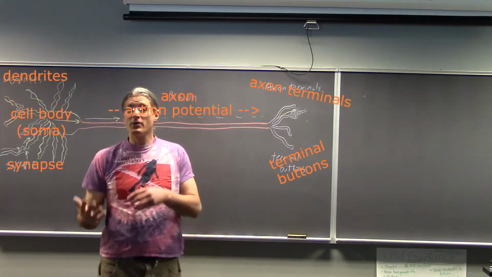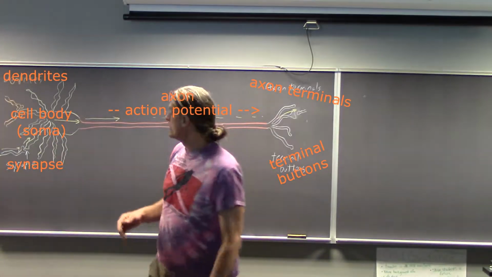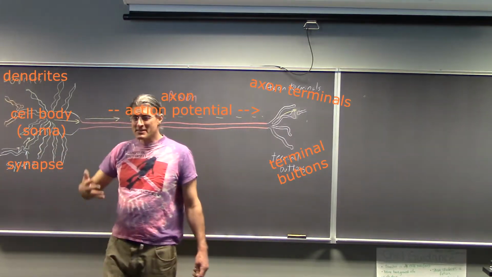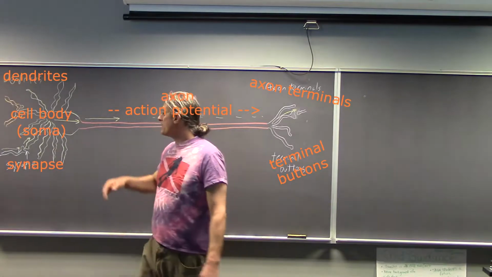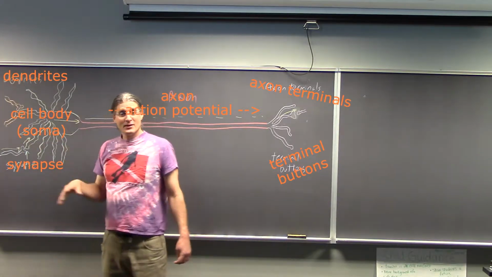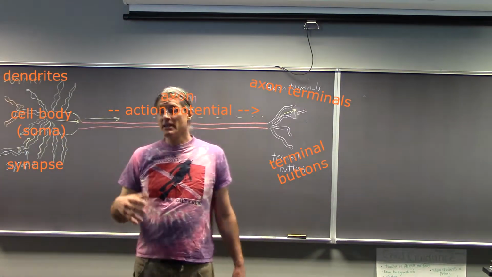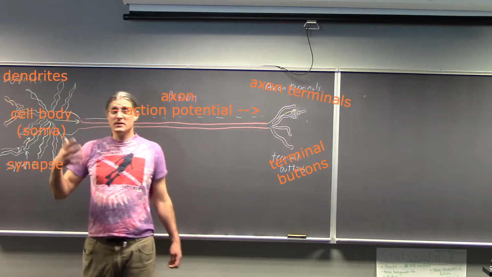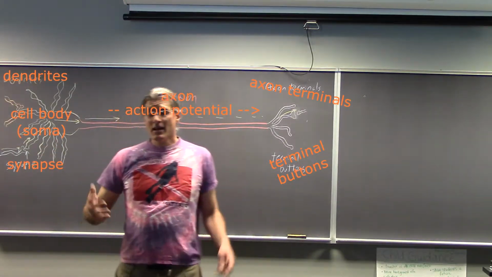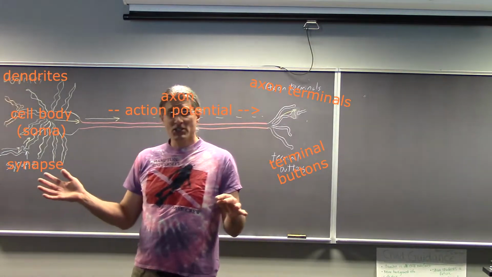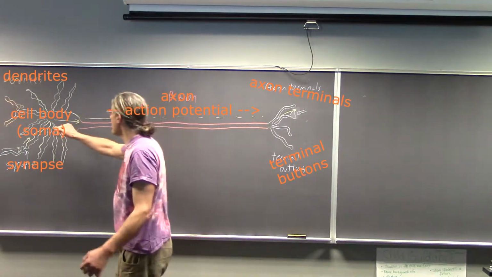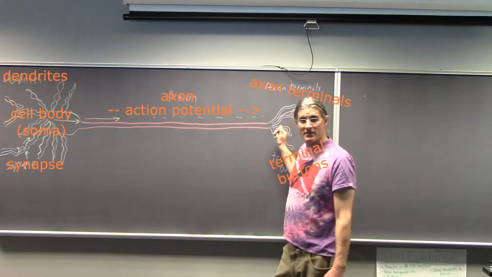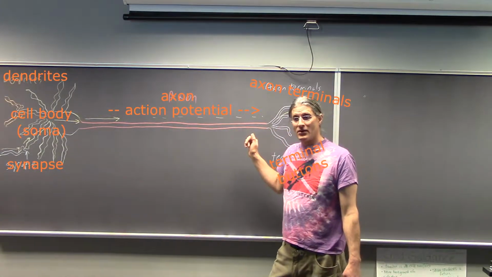So what we have are a bunch of little mini computers inside of our bodies that are individual neurons that gather in information from all sorts of different places, and depending upon what kind of connections there are between these other places in that cell, the combinations of information that is taken in may or may not cause this neuron to fire, thereby supplying information to the next neuron, and so on and so forth.